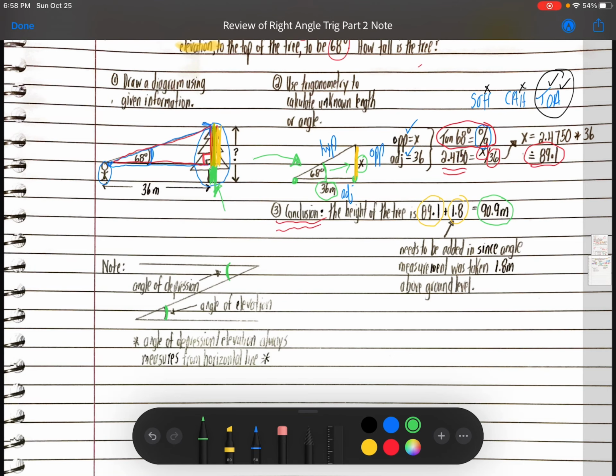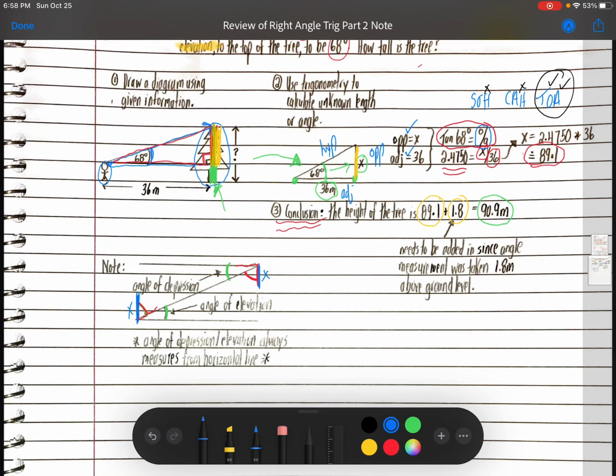What people sometimes do is they quote this here as the angle of elevation, and they quote this here as the angle of depression. Remember, that would be an angle relative to the vertical, and this here would be the angle relative to the vertical, which is not correct.